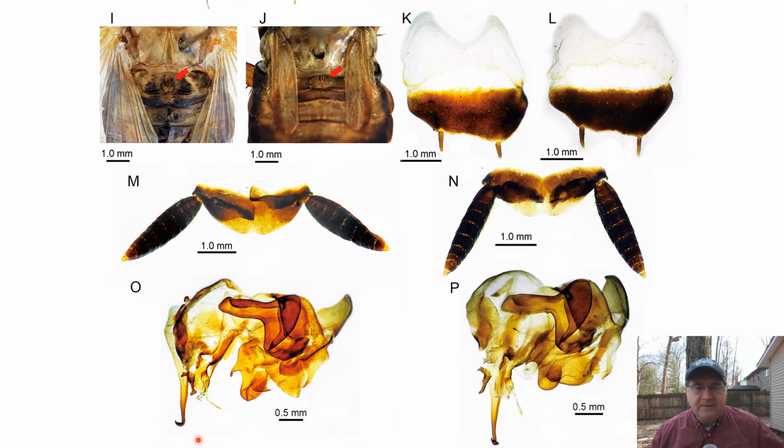This is a different view of the same genitalia, so you can see how this hook is recurved and kind of scoops under. Just wild stuff going on in the male genitalia. If you ever get a chance, you should catch one of those German or brown-banded cockroaches, run across your desk, and dissect out the genitalia just to see how utterly amazing they are.